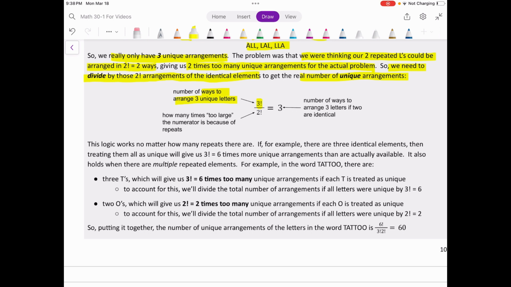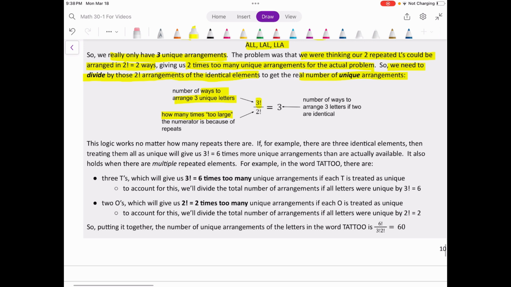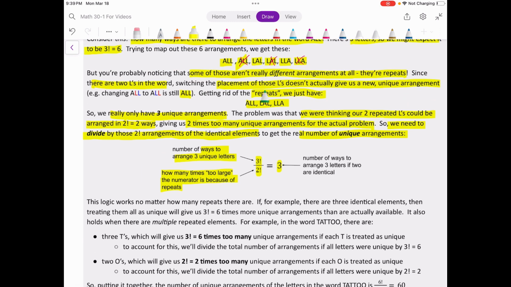And there's 2 factorial ways to switch the L's around, but none of them are different. So it doesn't actually give us a new arrangement. So we have to divide that out, right? We're multiplying by that 2 factorial here that doesn't actually belong because switching the L's is not a different arrangement. So divide it out to get rid of it, leaving us with the correct number of unique ways to arrange those 3 letters if 2 of them are identical, which is 3, which is exactly what we got, right?